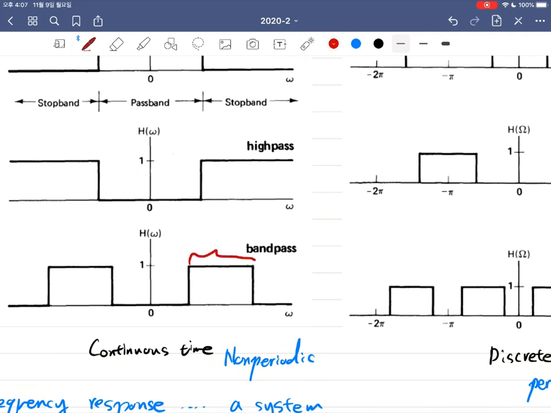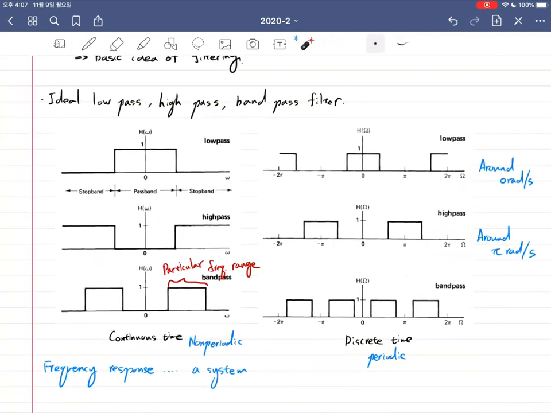And the same thing can be applied to the discrete time, but you have to make it a periodic signal for the discrete time case, okay?